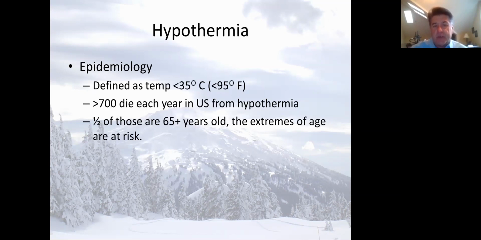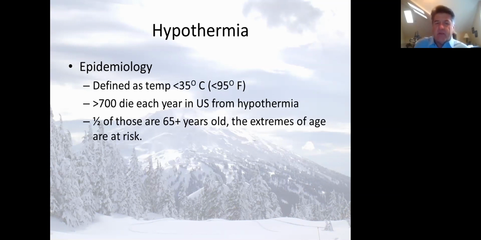About 700 people die a year from hypothermia in the United States. Half of those are 65 years old or older, and the extremes of age are at risk. Just as we talked about last time about drowning, where the very young and the very old were at risk, when we talk about cold-related injuries, that's even more pronounced.